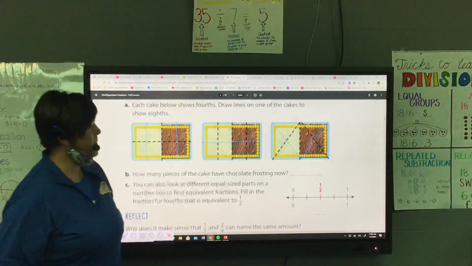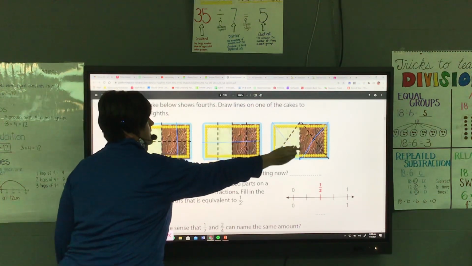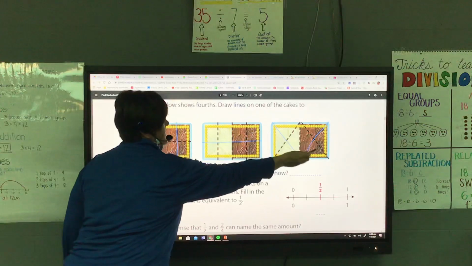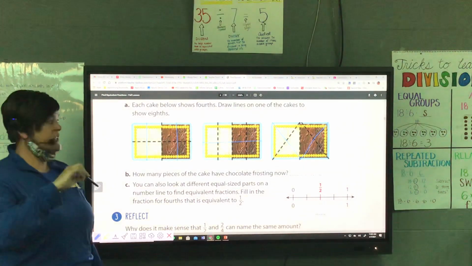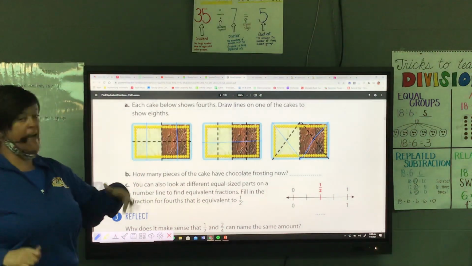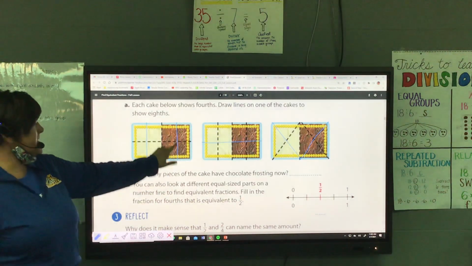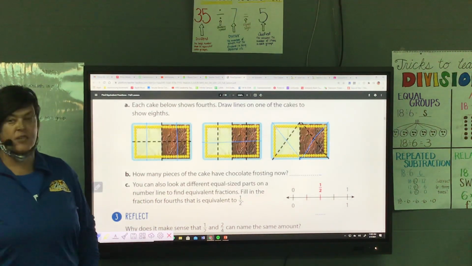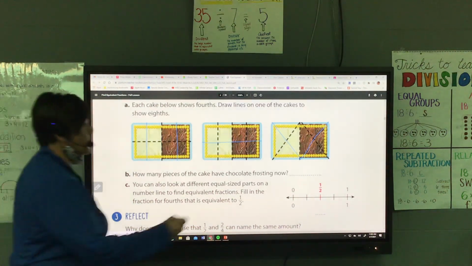Does that give us 8 parts? 1, 2, 3, 4, 5, 6, 7, 8. Okay. So at first, only 2 pieces had chocolate frosting, right? Now, how many pieces of the cake have chocolate frosting? Everybody? 4.